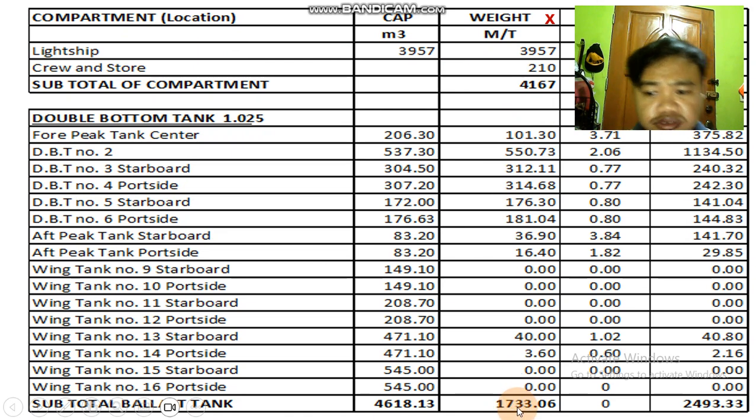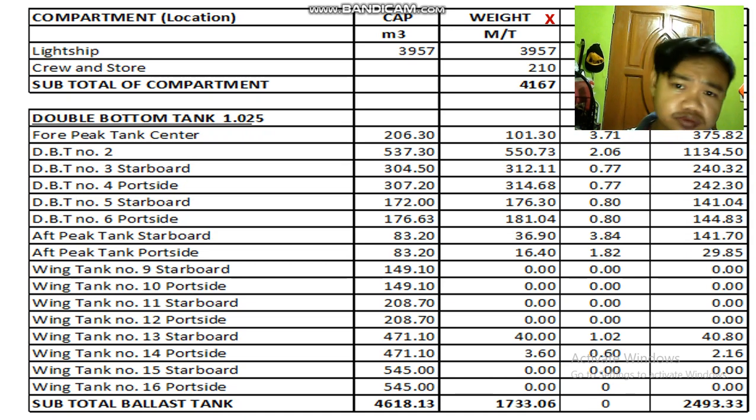Then you divide the total moments by it in order to obtain the value of KG, the height of the center of gravity above the base of the keel.